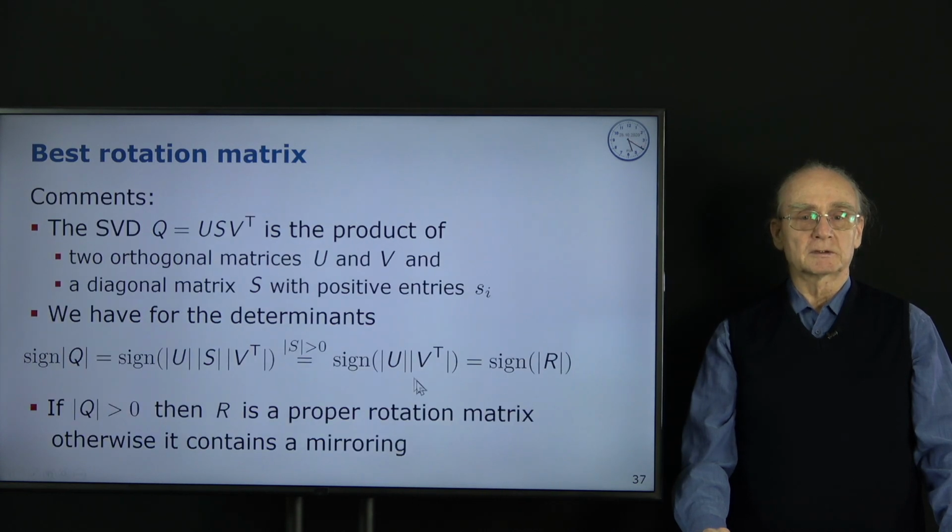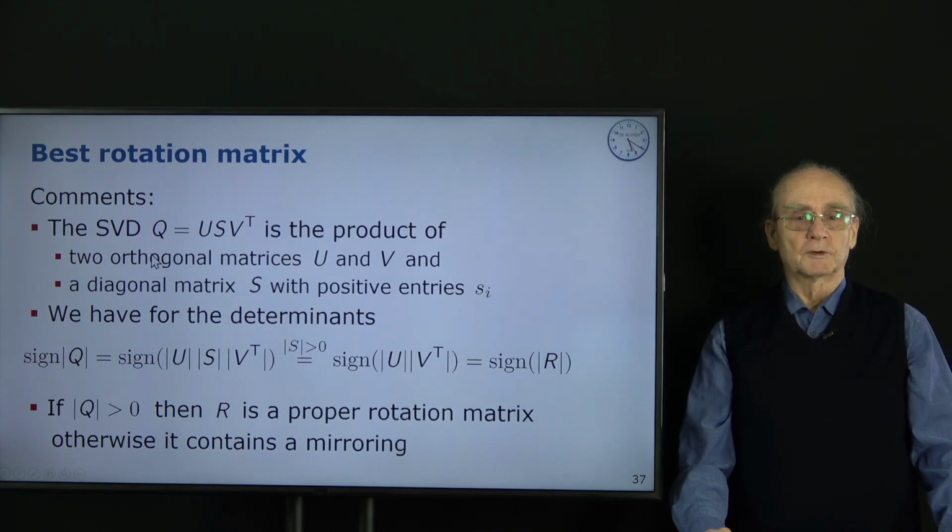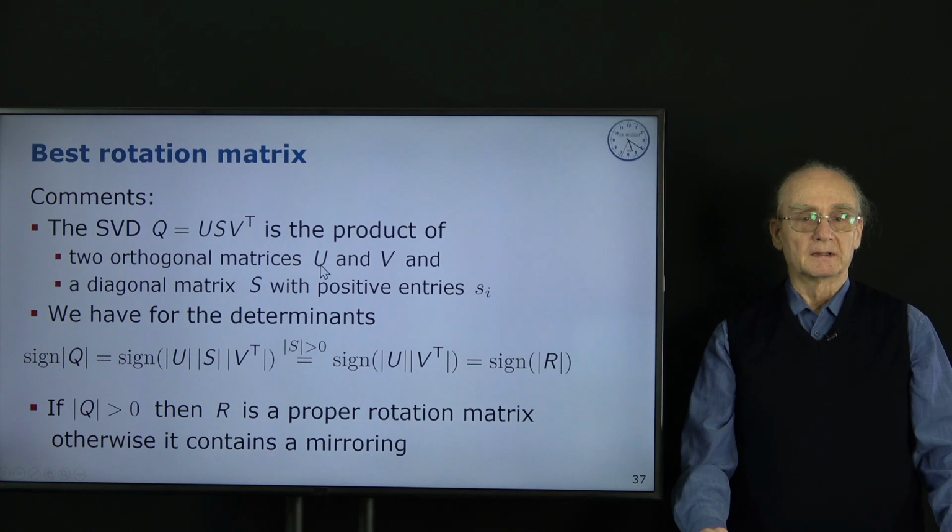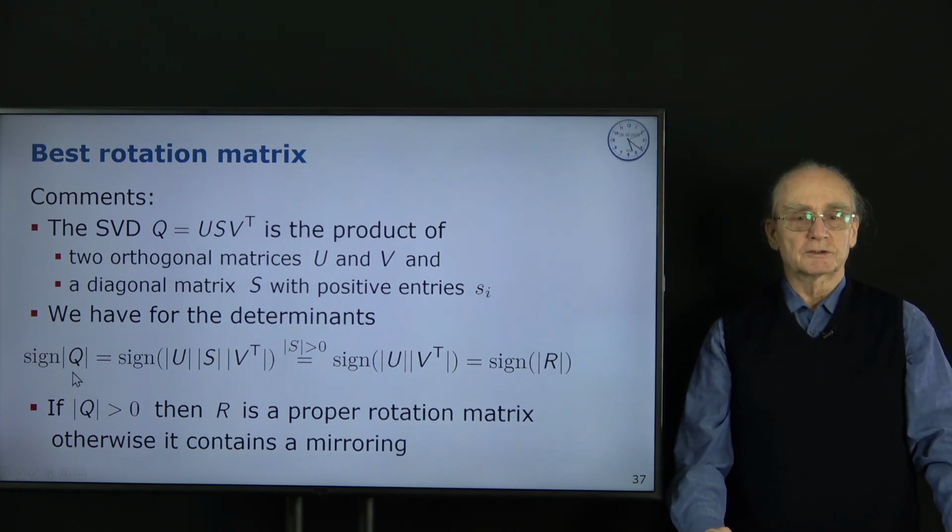Now let's have a look a little bit more. So the singular value decomposition is the product of orthogonal matrices, not of rotation matrices. So U and V have determinant plus or minus 1. And then we have the diagonal matrix S, and this is guaranteed to have positive entries if Q is regular. Now let's have a look at the sign of the determinants. We take the determinant of Q. It may be positive or negative. It need not be plus 1 or minus 1 because we still have the S in the expression. But it has a positive or negative sign.